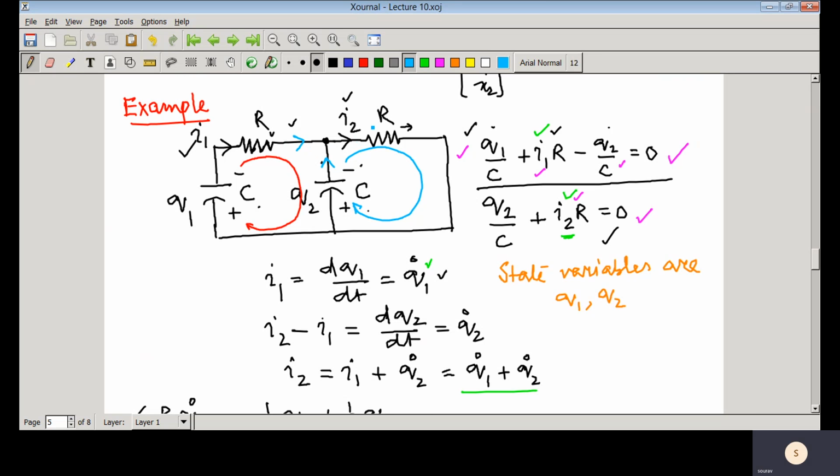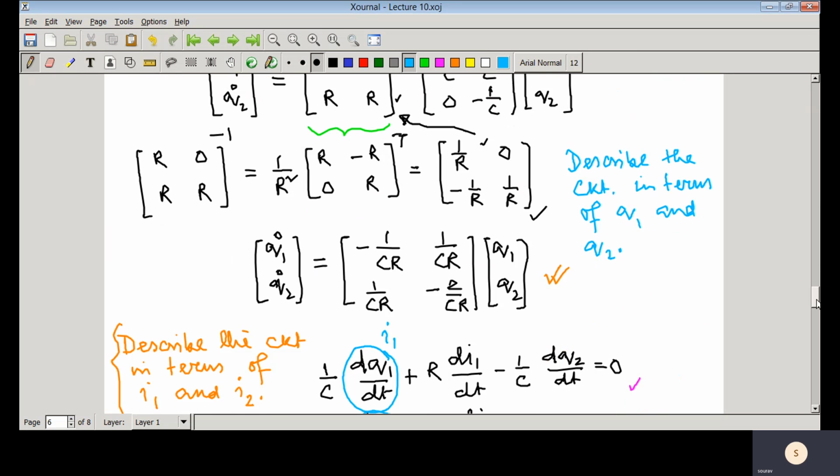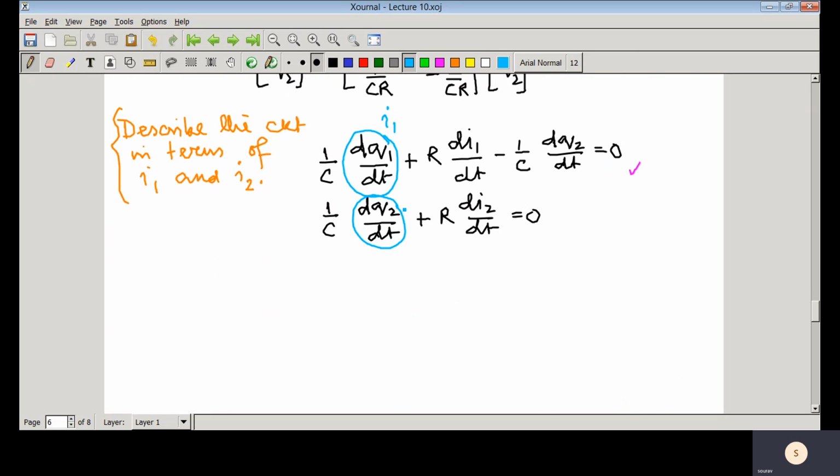So I can write that I2 is equal to I1 plus dq2 by dt. That means dq2 by dt is equal to I2 minus I1. So now we will just write these equations here.